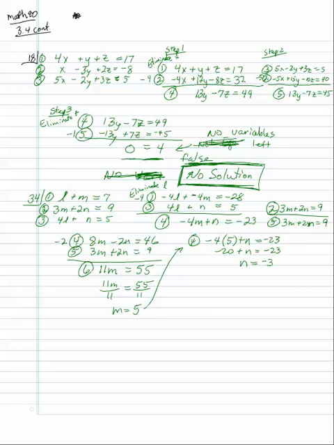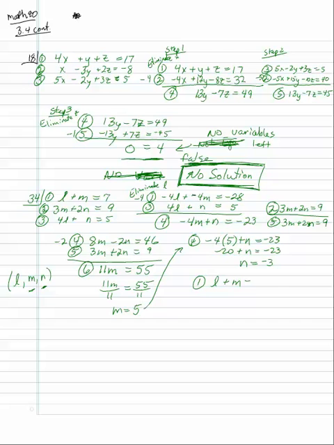Now we can take equation 1, 2, or 3 to plug in these two numbers to get the remaining one. But you've got to think about it. What's missing? It's L, M, N, right? We're looking for L, M, N. We know M, we know N, so we can only use an equation that has L in it. So I can't use equation 2. There's no L there. So I can use 1 or 3 only. So let's use 1.